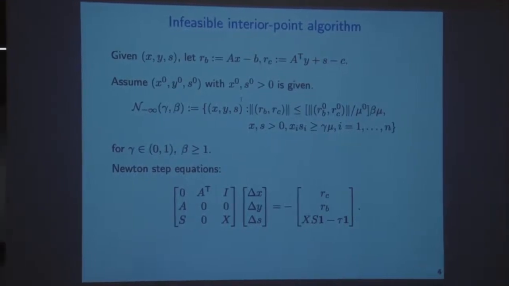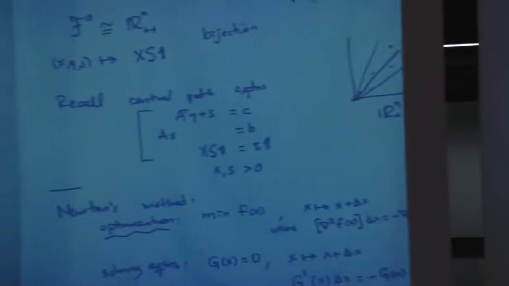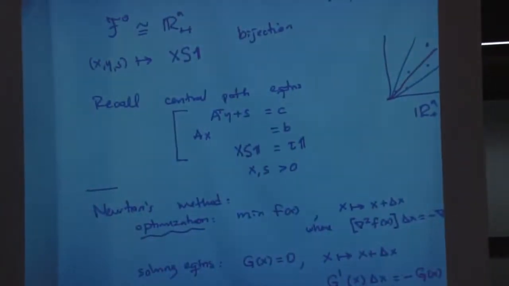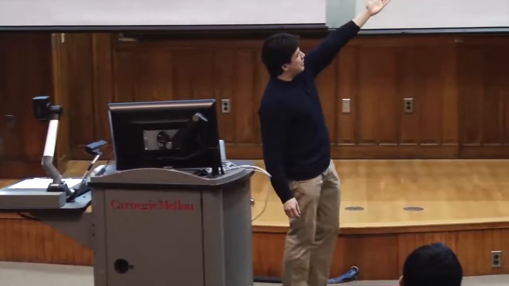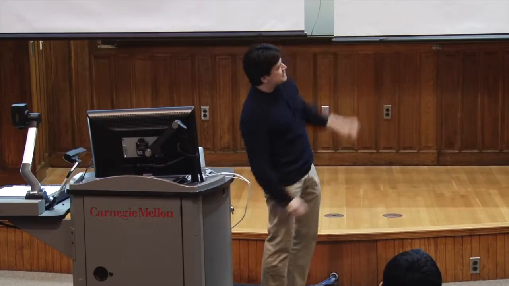The only thing that we satisfy is the last one. So for an infeasible interior point method, somehow we need to think more broadly in terms of the central path. The Newton step equations now are like this. We have terms in the first two equations because the current iterate may be infeasible. And then you have, again, a very similar template.